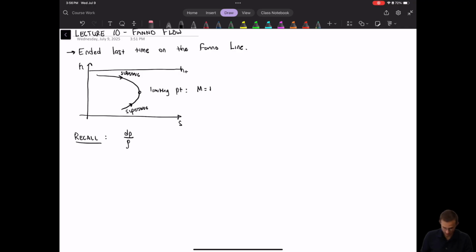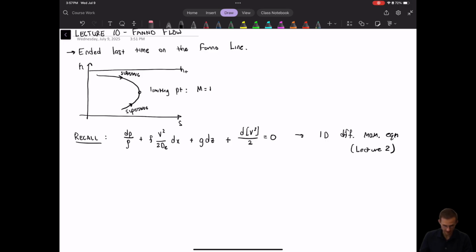It's dP over rho plus the friction factor f times V squared over 2 d_e, that's the effective diameter, times dx plus g dz plus d applied to V squared over 2 equals 0. So that's the 1D differential momentum equation from lecture 2.